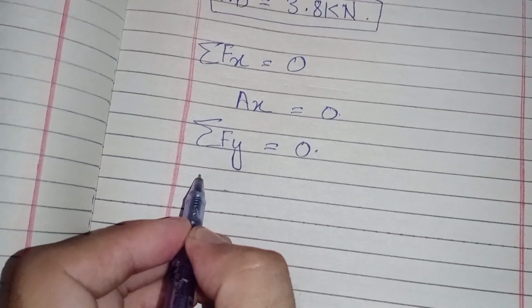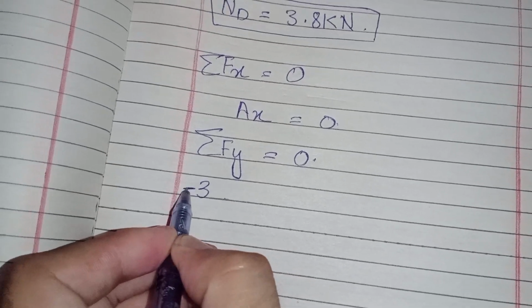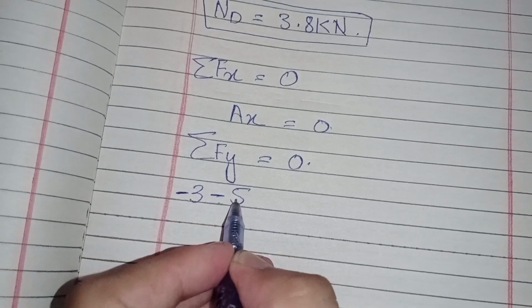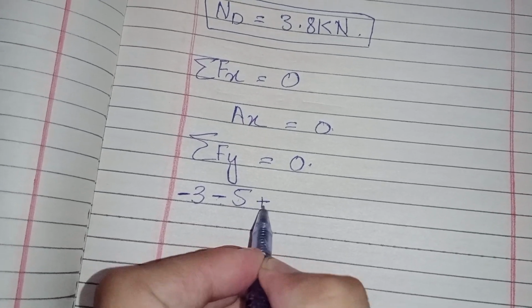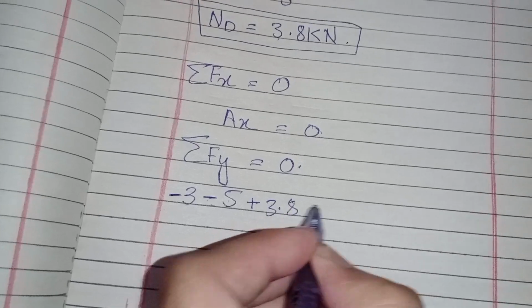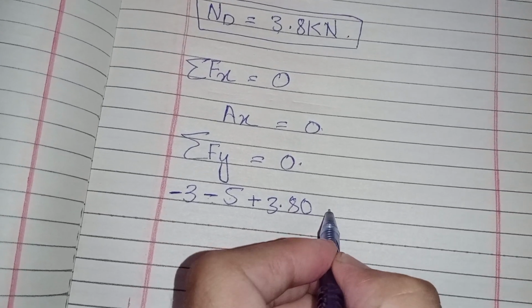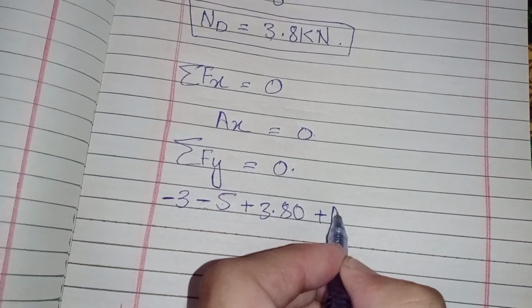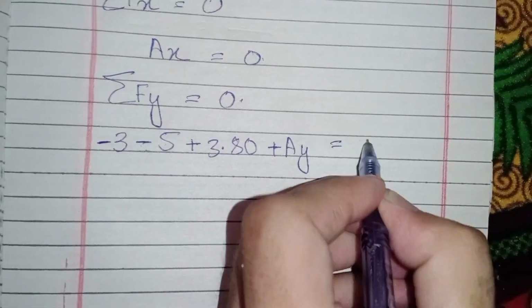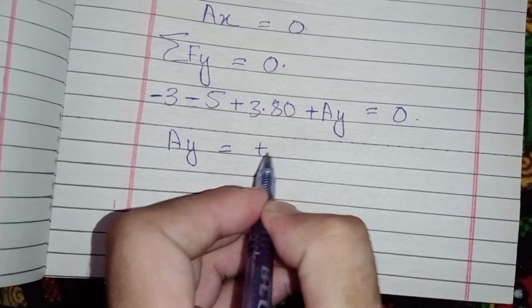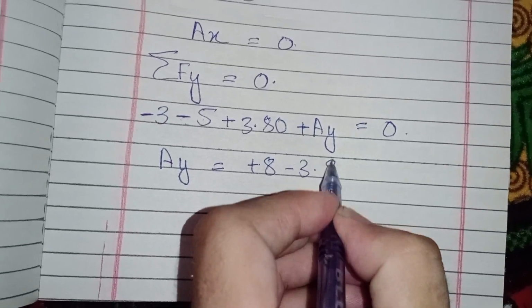So 3 minus 3, because it is directed toward down, and minus 5 also directed toward down, and plus ND is directed toward up, plus 3.80, plus 5, which is also directed up, plus Ay equal to 0. So Ay will equal plus 8 minus 3.80.